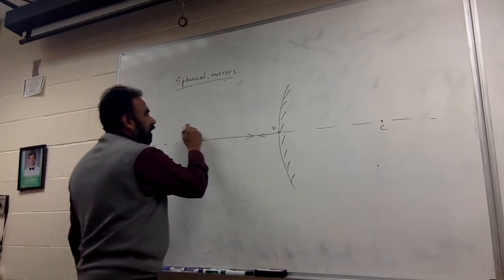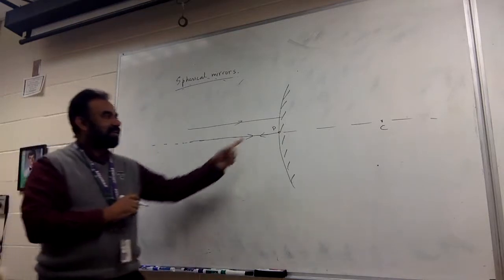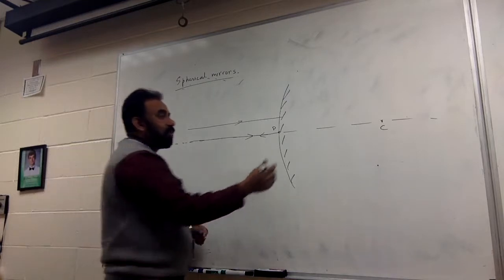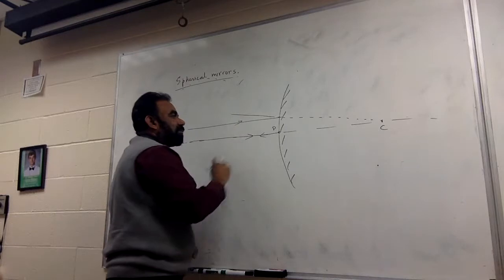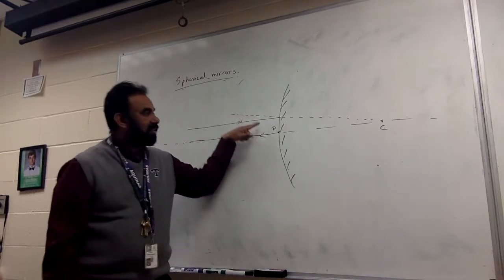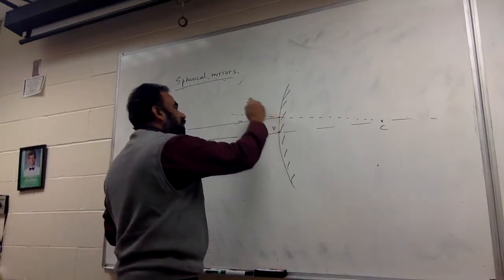Now what will happen to a light ray that goes and hits there? It kind of bounces that way. Where's the normal? Normal, it's the line that kind of connects it. That's a normal. Okay. So this is a normal. So you can see the angle of incidence right there. So the reflected ray is going to go like this.